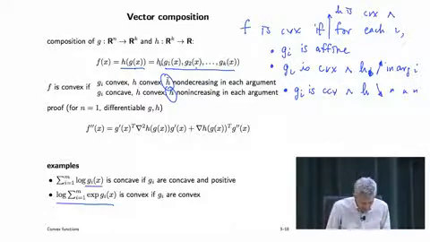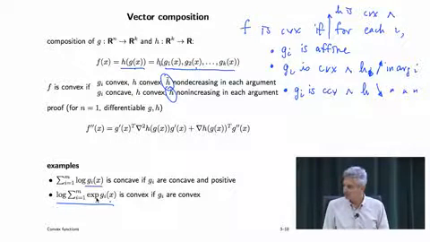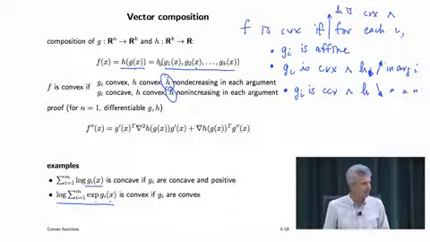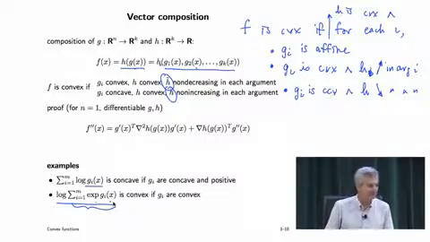Now there are all sorts of things we could do here to parse this and establish convexity. I'll show you one that doesn't work first. The first one is to simply parse it from the inside and go out. If g_i is convex, what can you say about exp of g_i? It's convex, because that's the most basic thing there is: a convex increasing function of a convex function. How about the sum? You can label that convex.